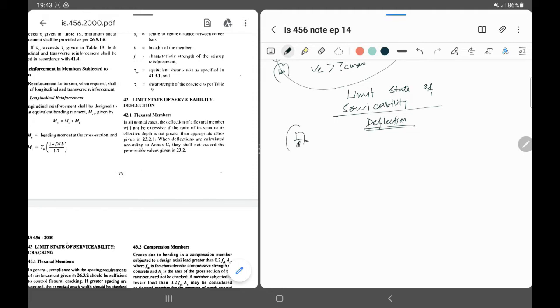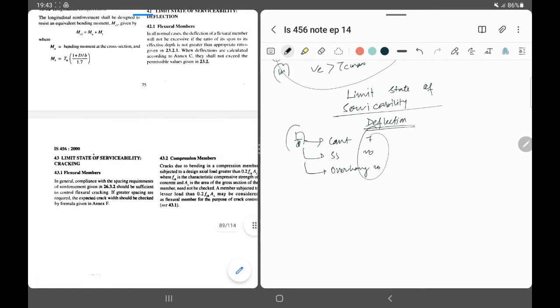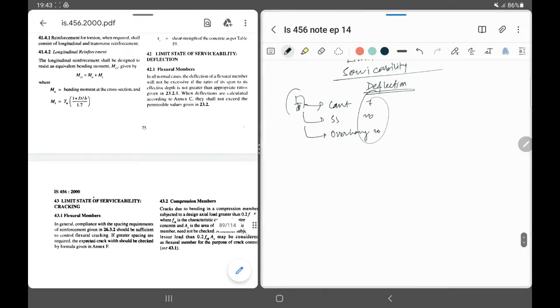I have covered L by D for cantilever, for simply supported, for overhang: 7, 20, 26. When the deflection is calculated according to Annex C, that shall be the permissible value. That is all about the deflection.